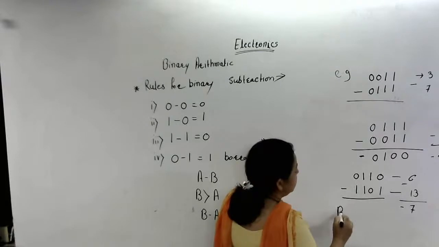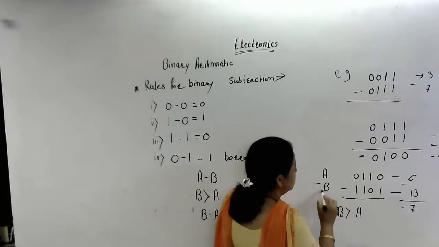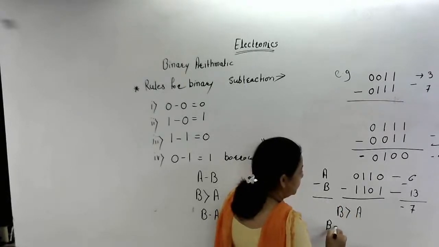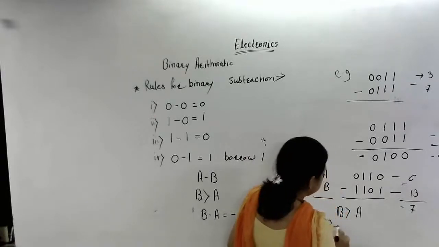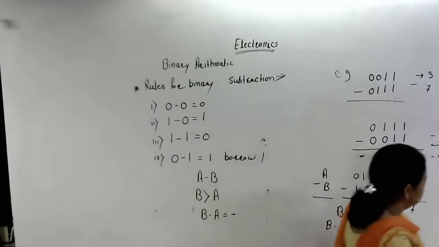So here B is greater than A, that is, in A minus B, B is greater than A. So you have to perform B minus A with the answer having a negative sign. Okay.